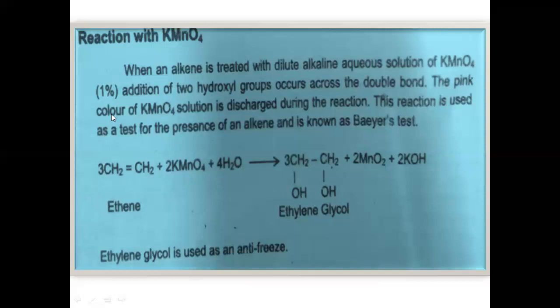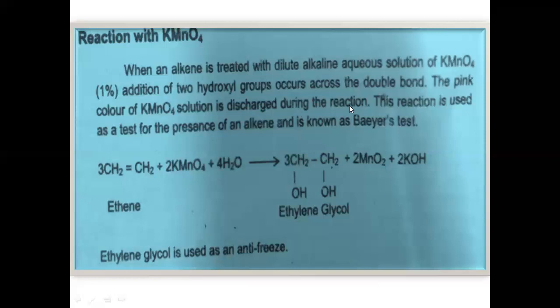The pink color of potassium permanganate solution is discharged during the reaction. Same thing happens as in the bromine water test, where decolorization of the bromine water takes place. Here the potassium permanganate solution will decolorize when we add it to the alkene solution.